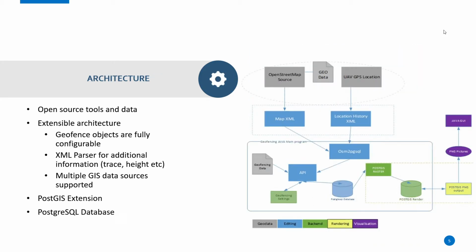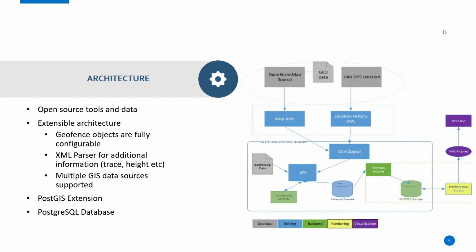The architecture of this software consists of 3 parts. So the first is the data source, and then the API, which organizes the data into the shapefile, and also converts it into the database.